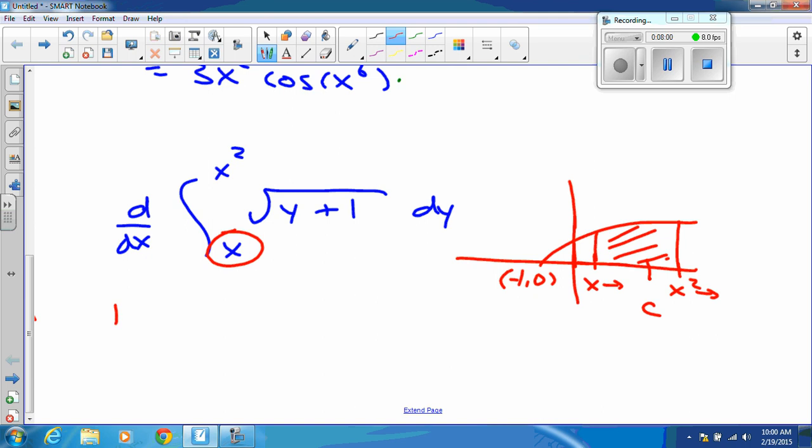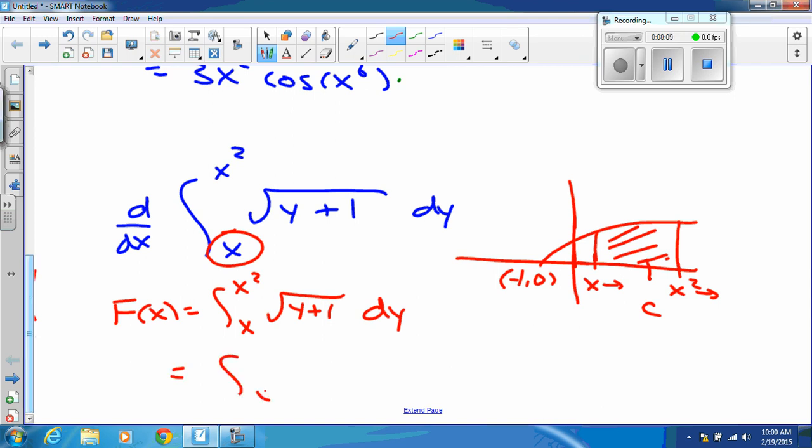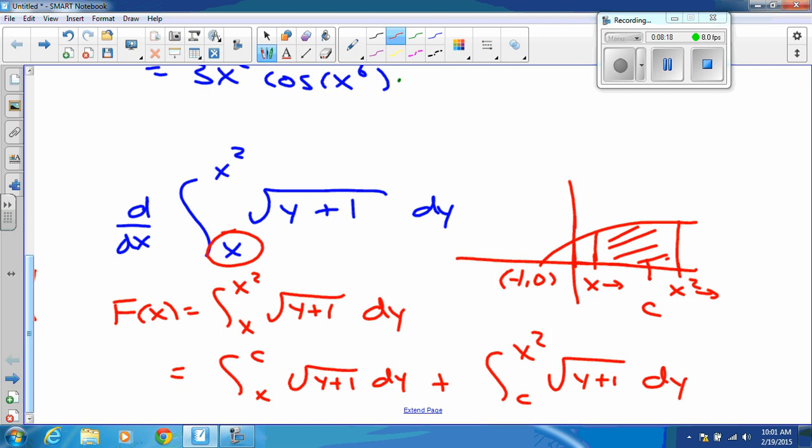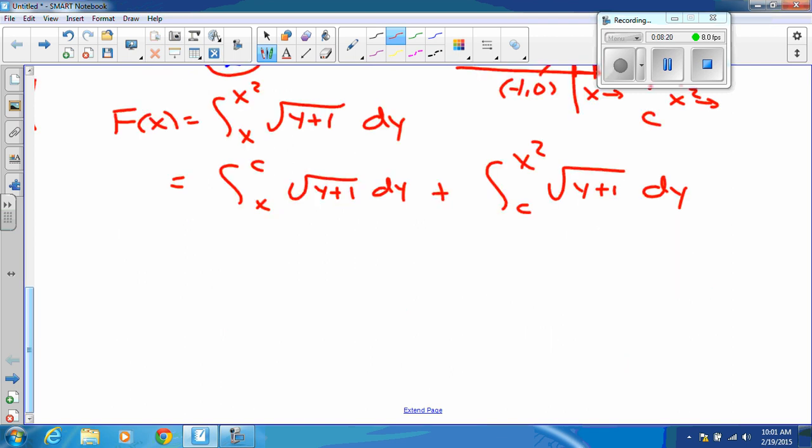So if I take my f of x equal to the integral from x to x squared of root y plus 1 dy, and I split it at some fixed point c, just like that, now I have two different integrals that are either exactly in or almost in the fundamental theorem form.